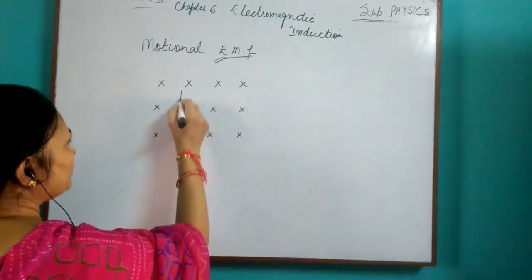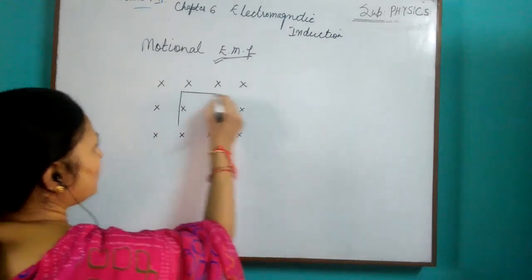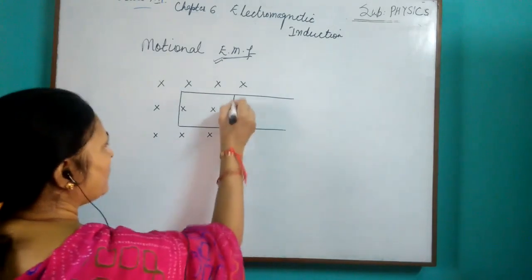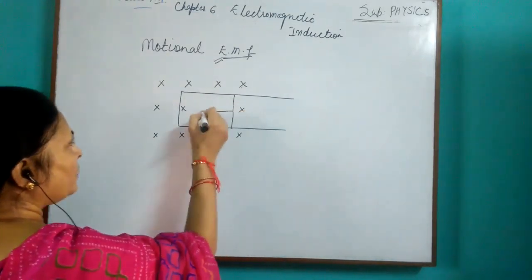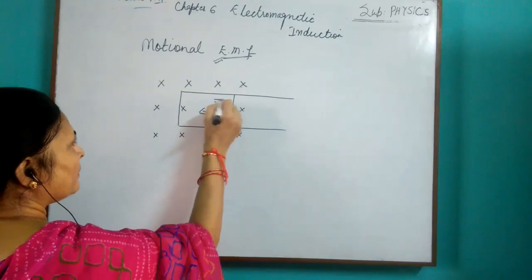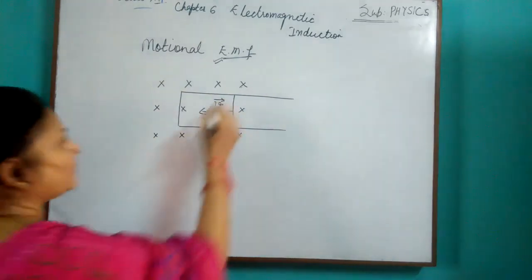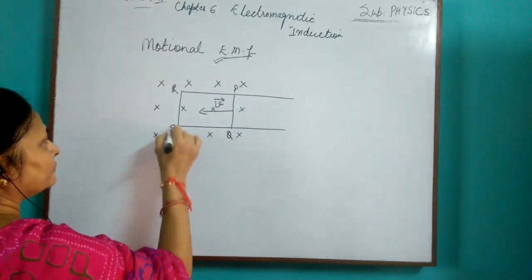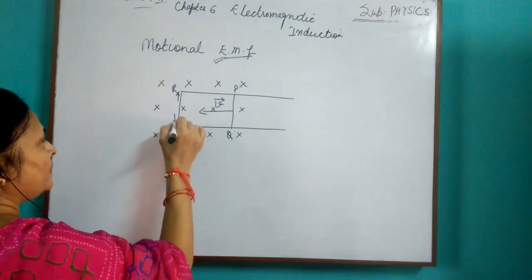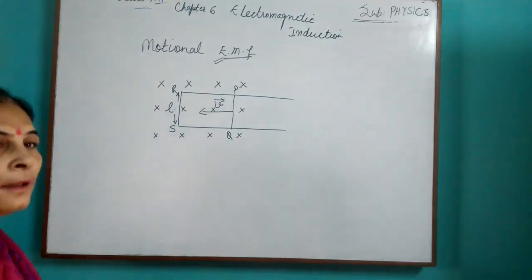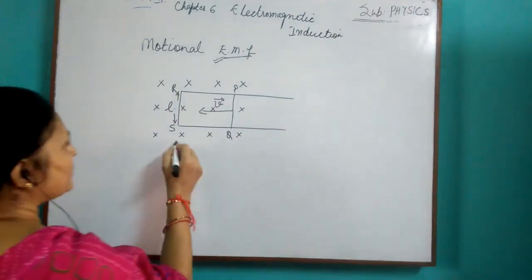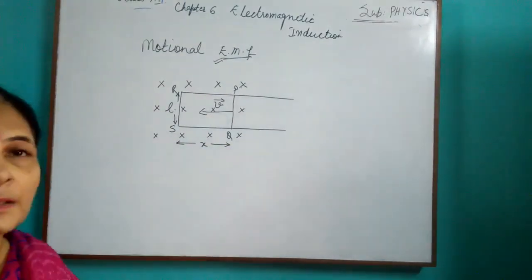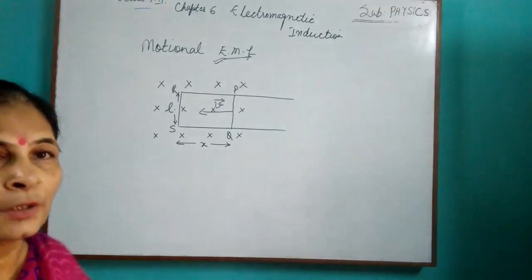Let us consider a conductor in the form of a coil to be moving inside the magnetic field like this. Let the length of this side be, say, L, and the distance from here, say, be X. This is a given situation we are talking about.